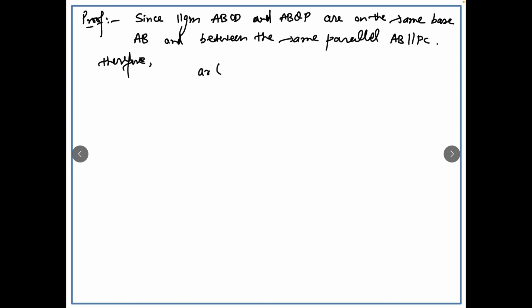Therefore area of parallelogram ABCD equals area of parallelogram ABQP. Let's name it equation number 1.